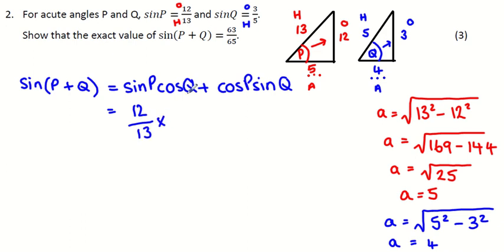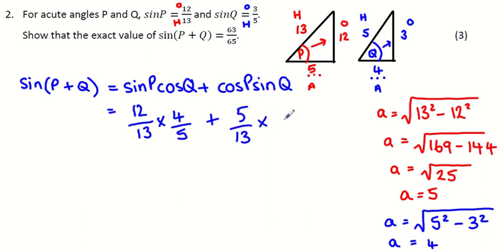We don't know what cos Q is from the question, but we can find that out from the triangle. So the cos ratio is adjacent over hypotenuse for the K part of SOHCAHTOA. So that's 4/5. Cos P would be K again, so adjacent over hypotenuse, but looking at the P triangle, so 5 over 13.